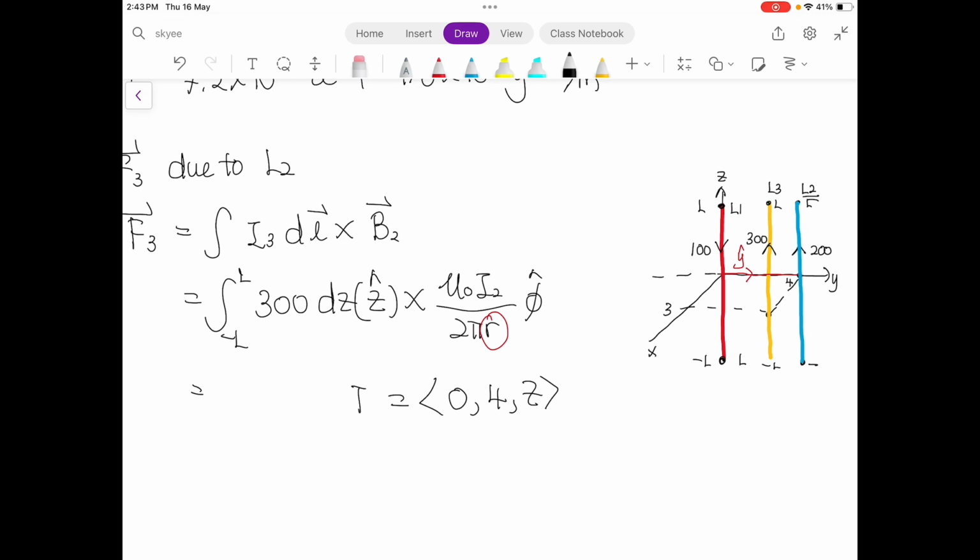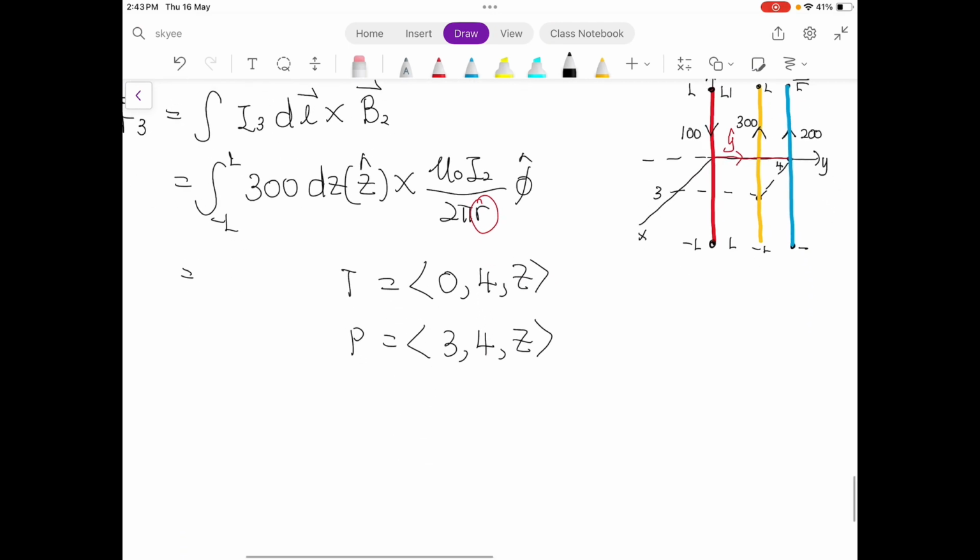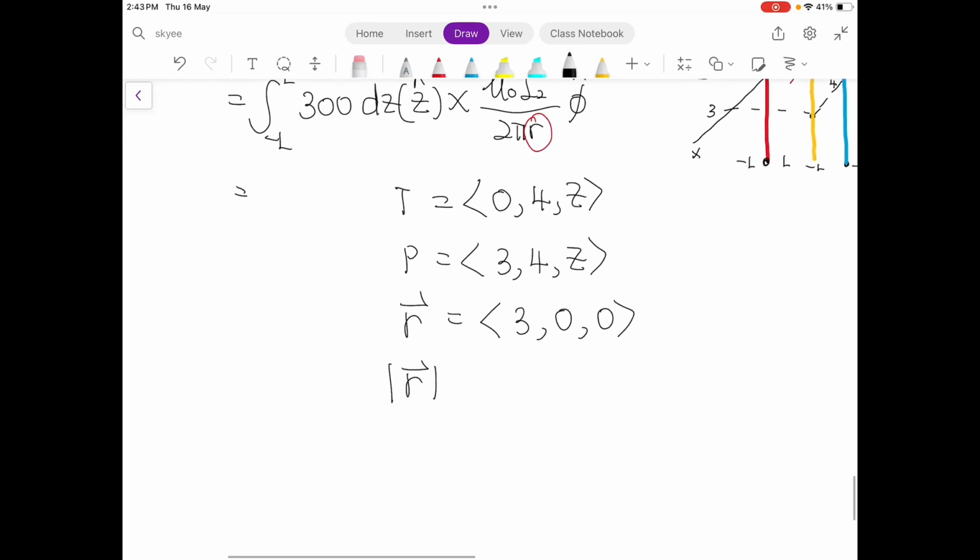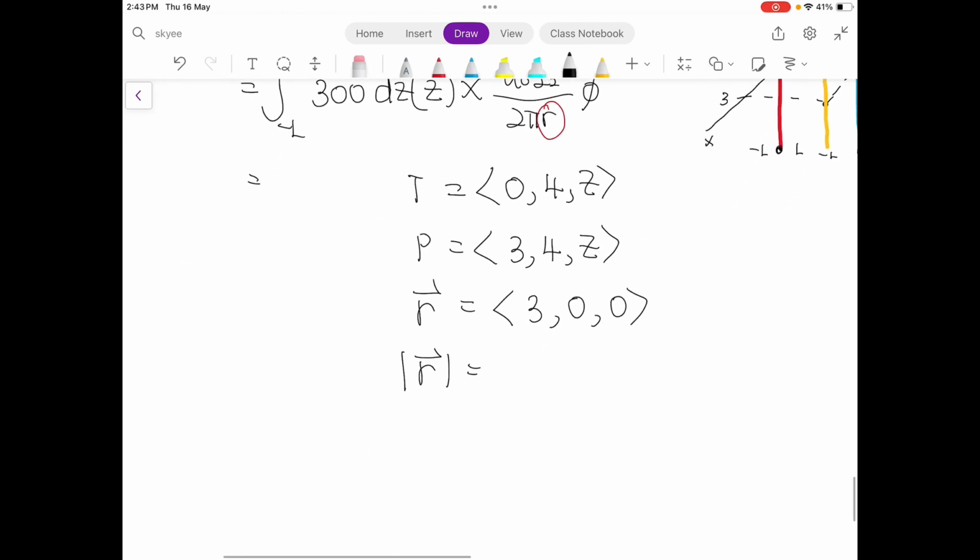And the observation point will be on the L3, which is (3, 4, Z). So the R will be P minus T, so it's (3, 0, 0), which equals 3 x-hat.